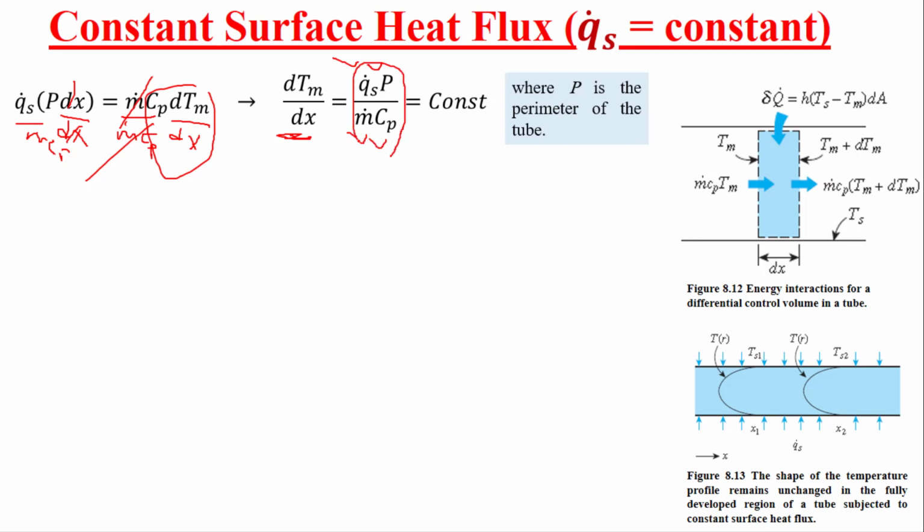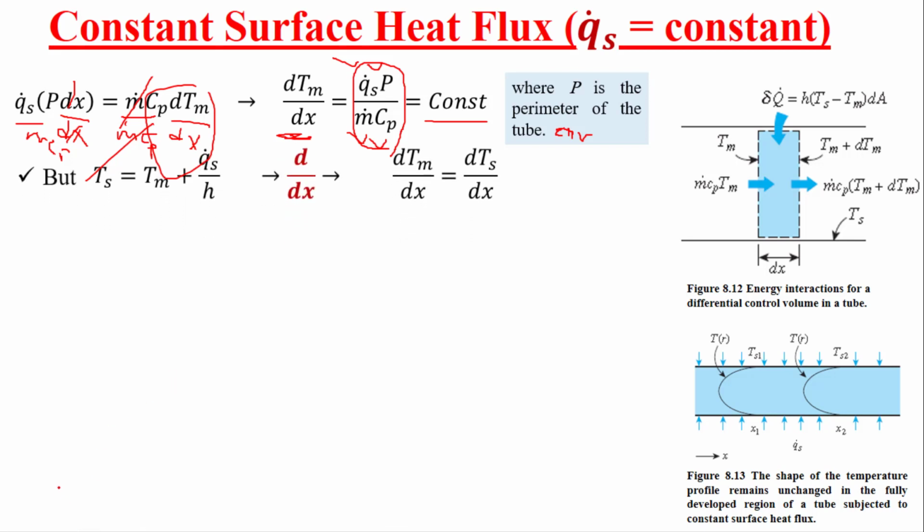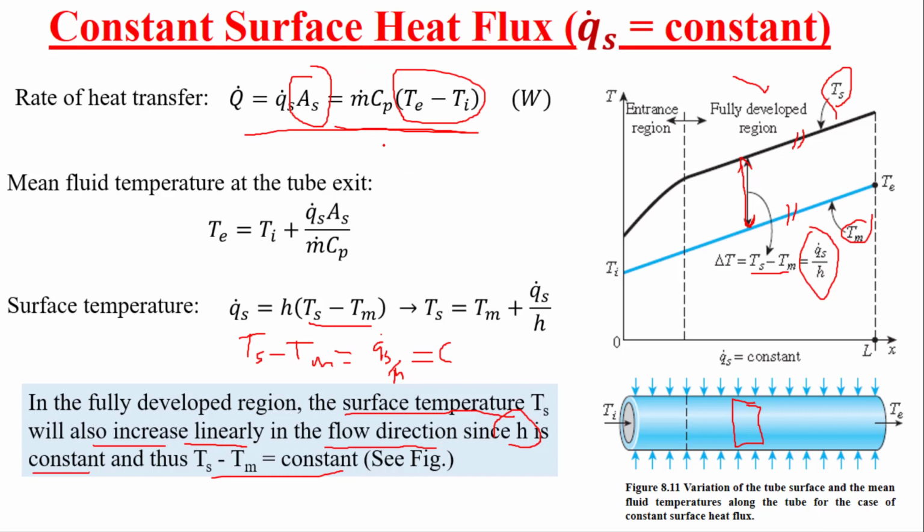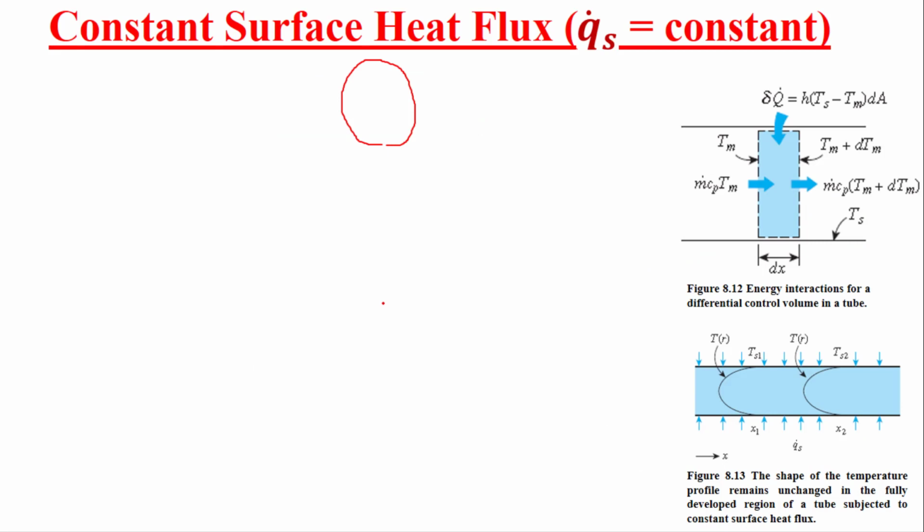And all of these variables are, as we agreed in the last slides, constants, where P is the perimeter of the tube, which is 2 pi r. And this result is also similar to the previous results, where the slope is equal to a constant value. Okay, so this is the same.